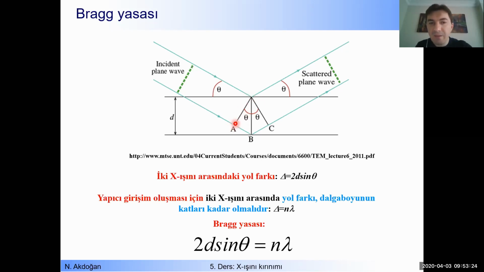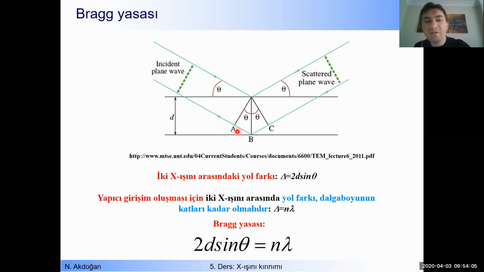If this is theta, by using the geometry, you can also find that this is also theta. If you take a line which is perpendicular to the incoming X-ray, then you can get theta here. By using the same method, you can also understand that this is also theta. Okay. So what do you see here? This X-ray and this X-ray are coming together until that point, okay? And after that point, again, they continue together.